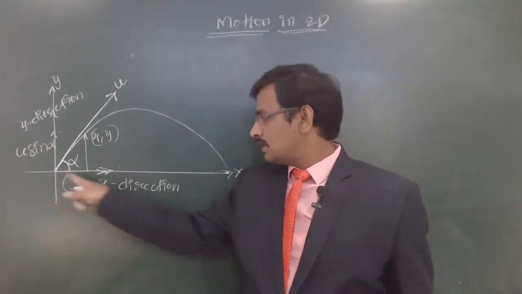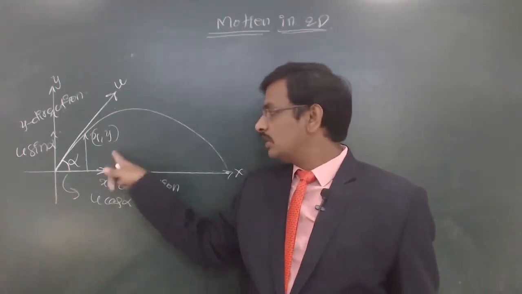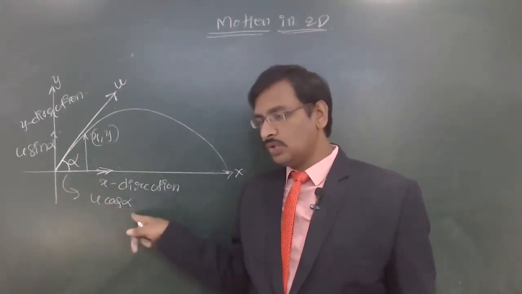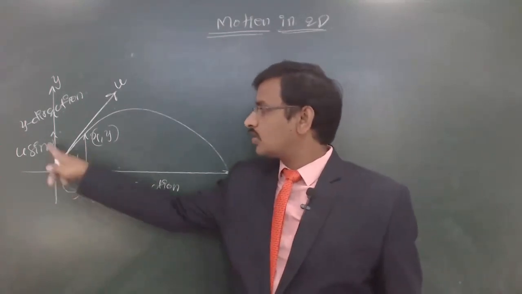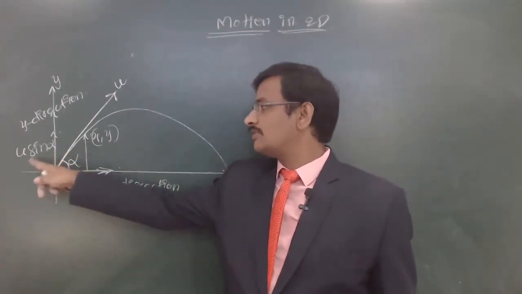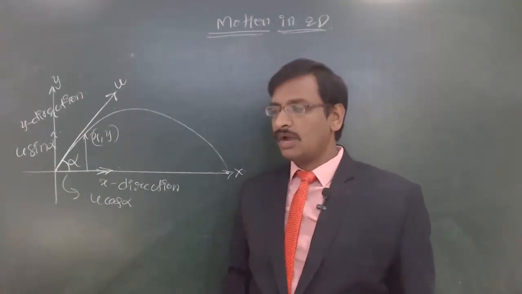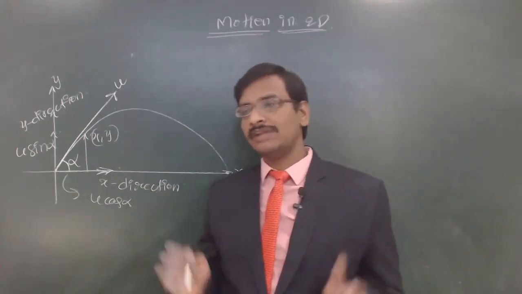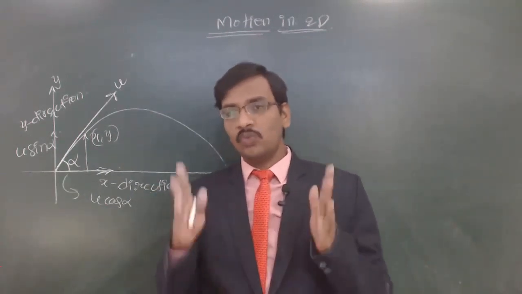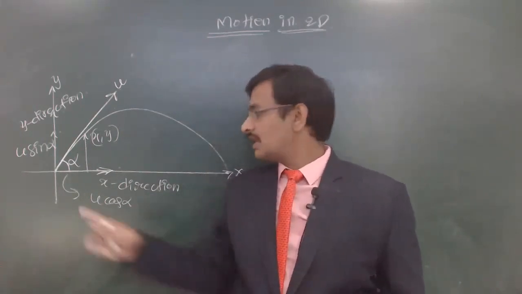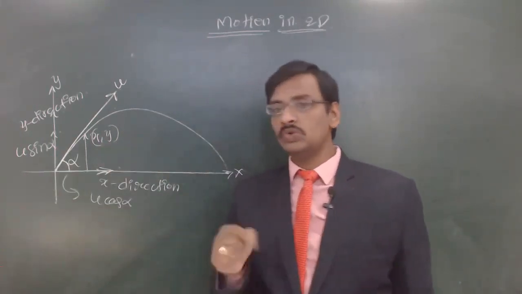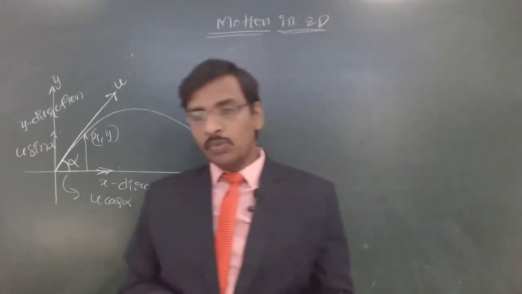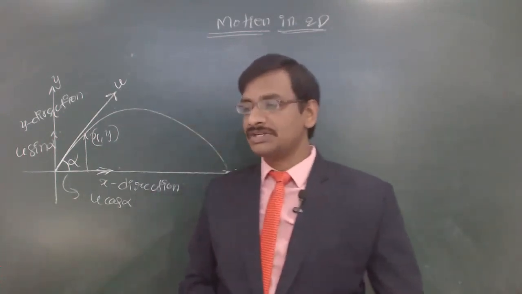One is the horizontal rectilinear motion, which is thrown with a velocity of u cos alpha, and the vertical component, which is thrown with a velocity of u sin alpha. Now both are associated with certain acceleration as well.